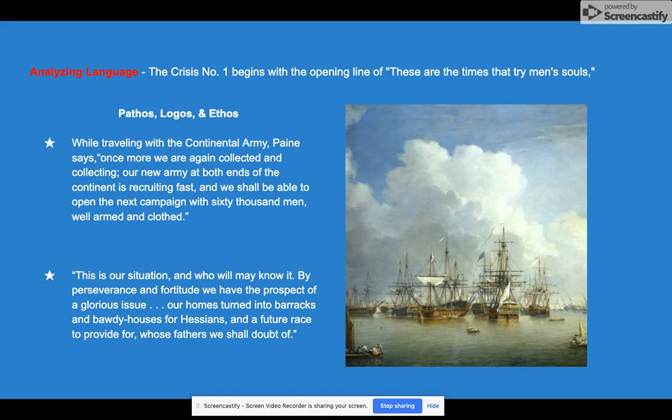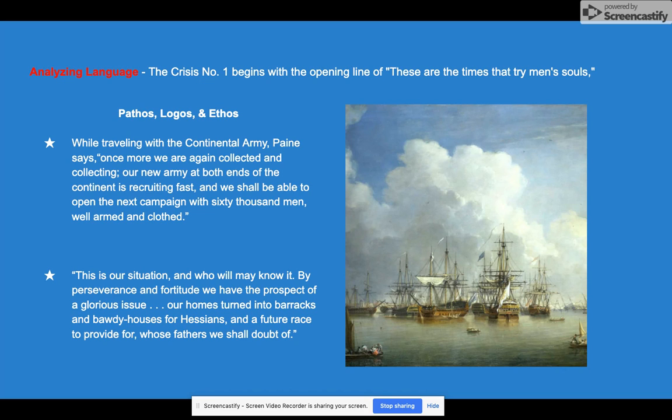The first example here, and these are in the tutorial as well, from the last part of the Crisis number 1, is, well, let's identify if it's pathos, logos, or ethos. While traveling with the Continental Army, Paine says, "Once more, we are again collected and collecting. Our new army at both ends of the continent is recruiting fast, and we shall be able to open the next campaign with 60,000 men well armed and clothed."